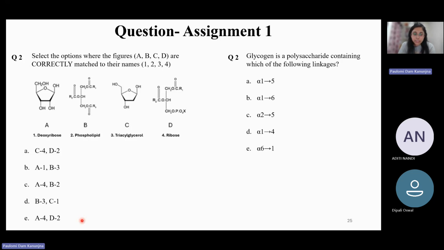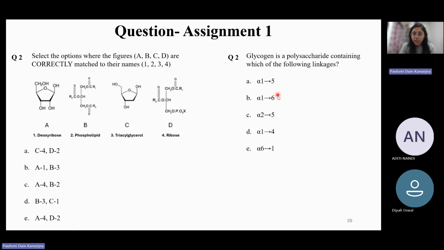Oh, wait, I will just give you the correct question numbers here. So this one is 2 and this one is 3. So you can answer accordingly.